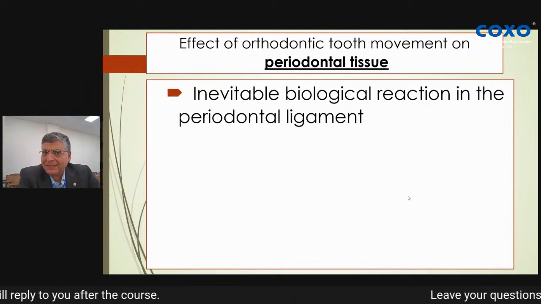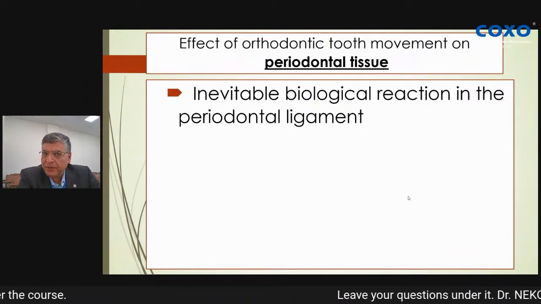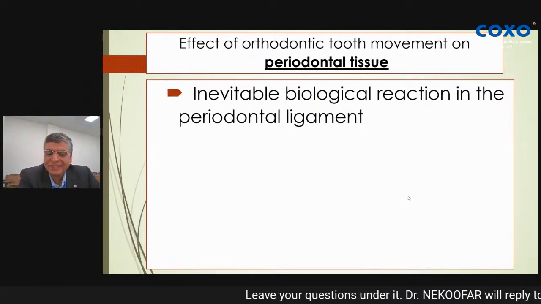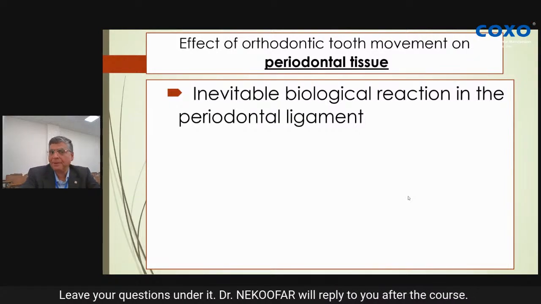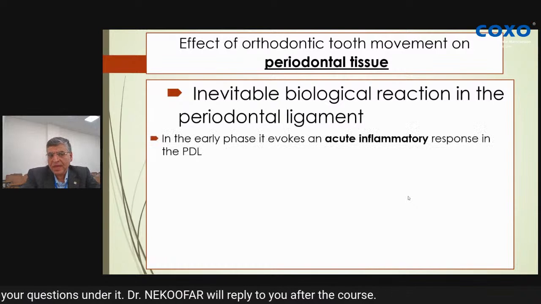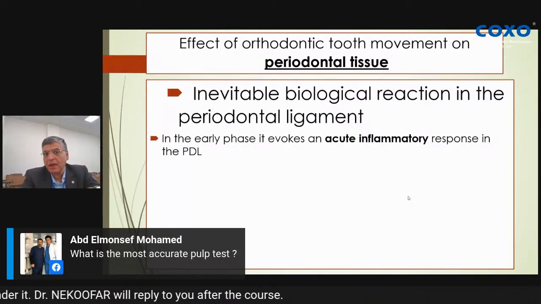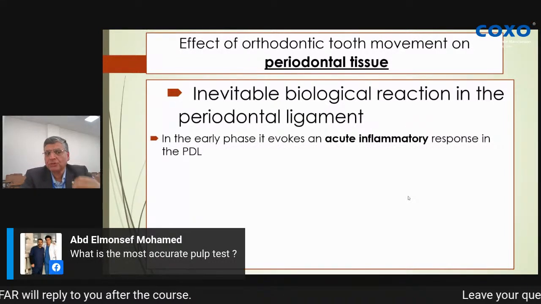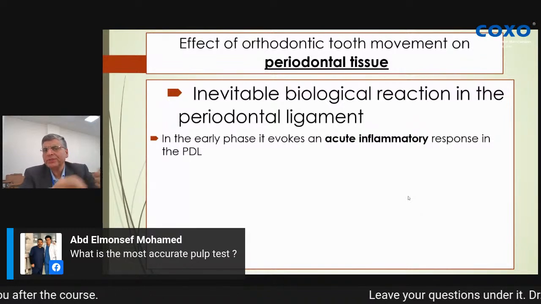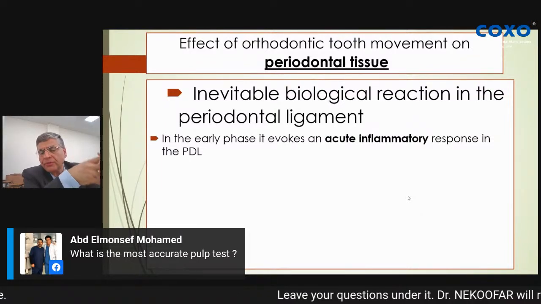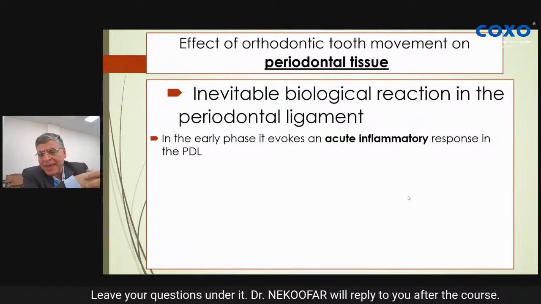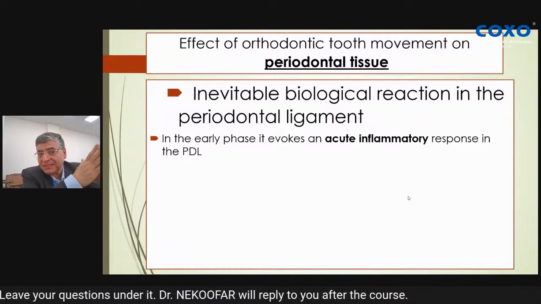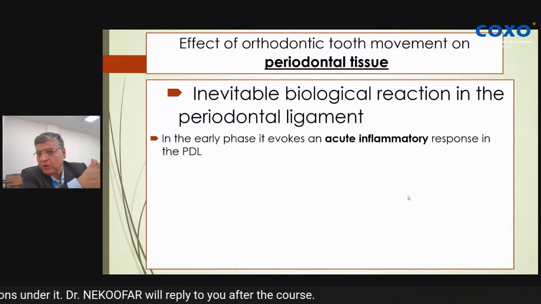We know that the same thing may happen in the periodontal tissue. So the same biological effects may happen in the periodontal ligament. In the early phase, it evokes an acute inflammatory response in the periapical tissue. Most of the time, patients under orthodontic movement may have some complaint about pain or even acute pain.